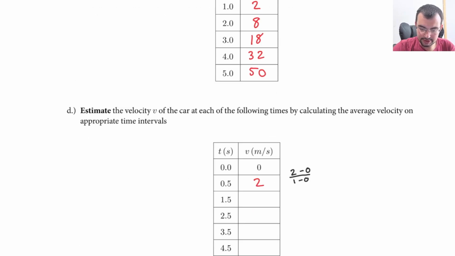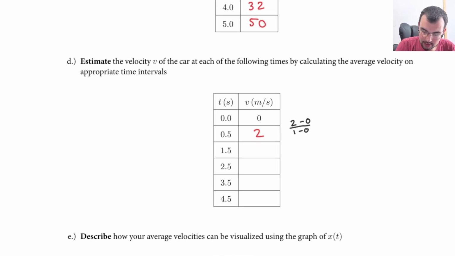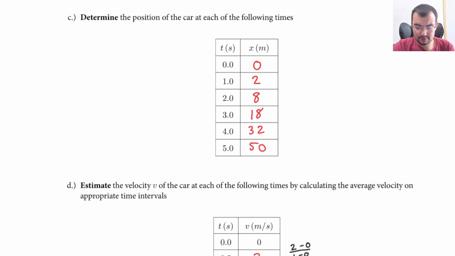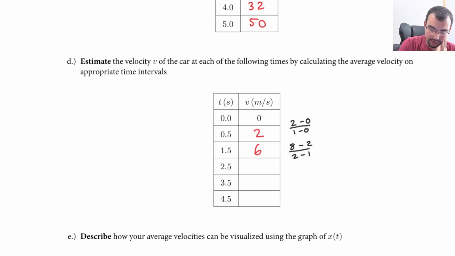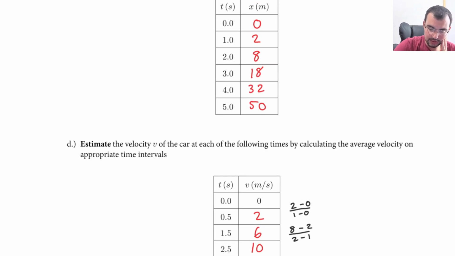And then similarly, from the next second, we end at 8, we start at 2, and that would give us 6, and so on. 18 minus 8 is 10 divided by 1. 32 minus 18 is, oh boy.